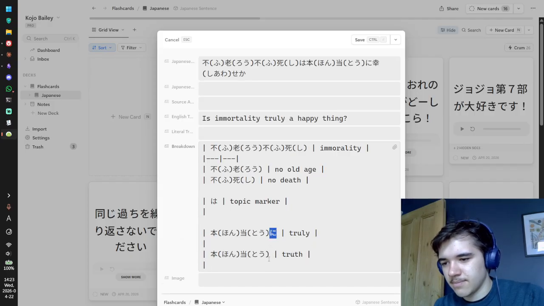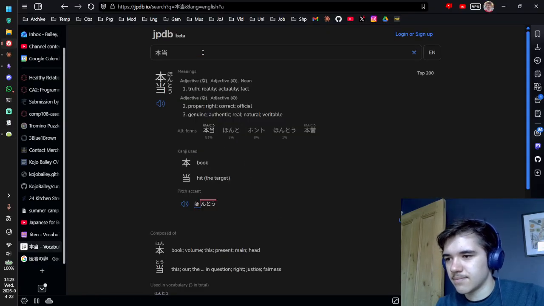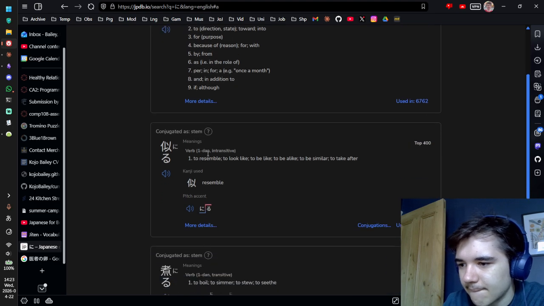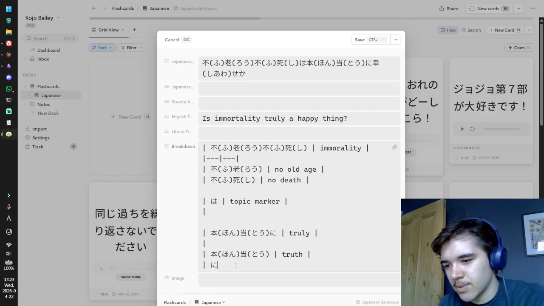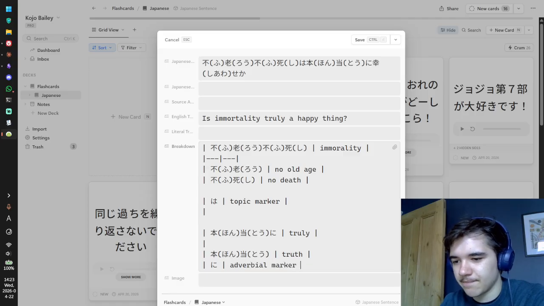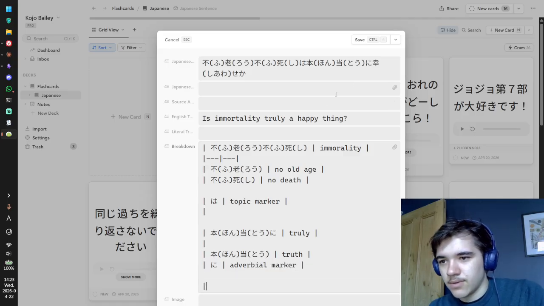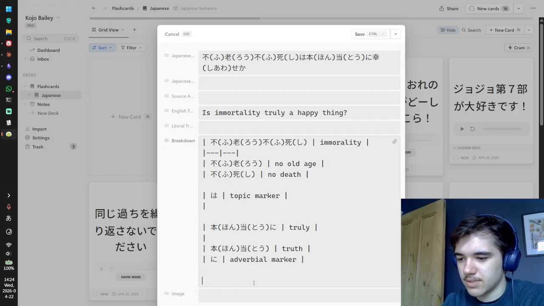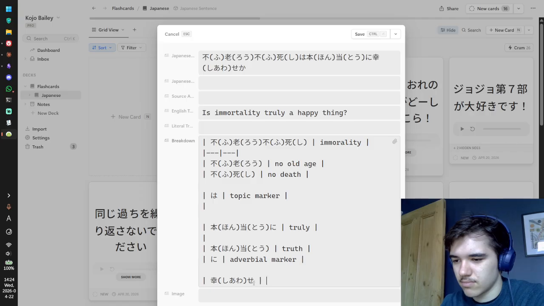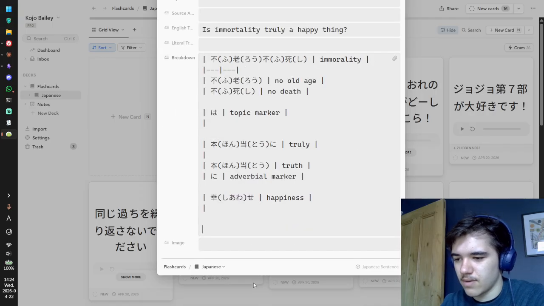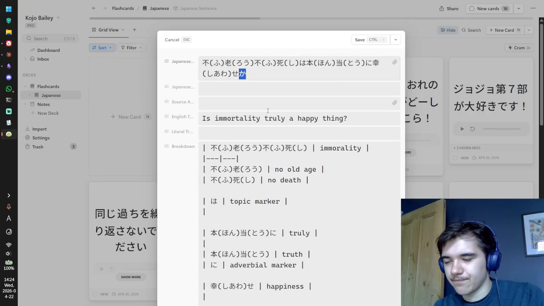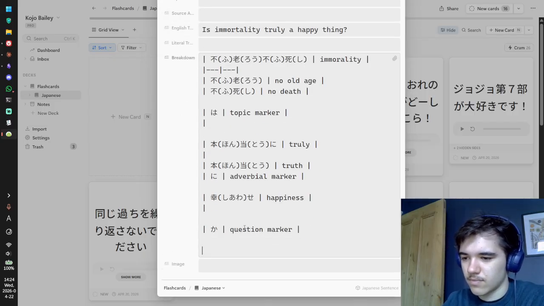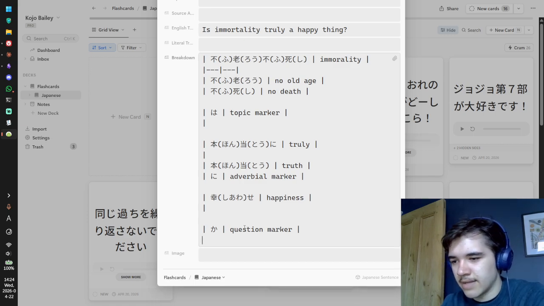Ni is the adverbial marker in this case. Is what I would call it. Adverbial marker. Honto ni shiawase ka. Shiawase is just happiness. And then ka is a question marker.